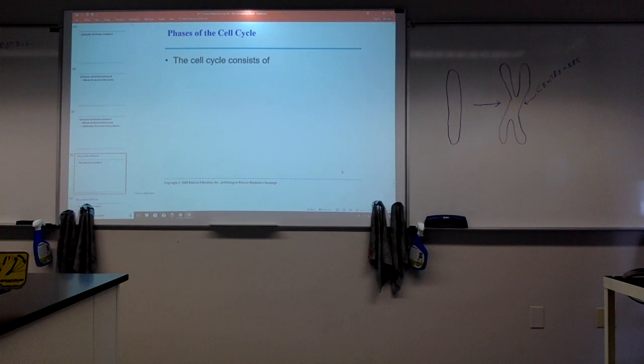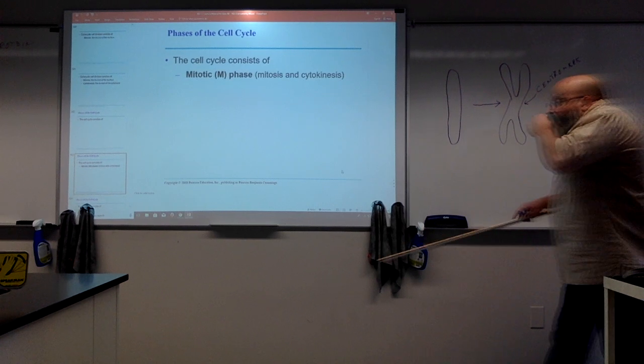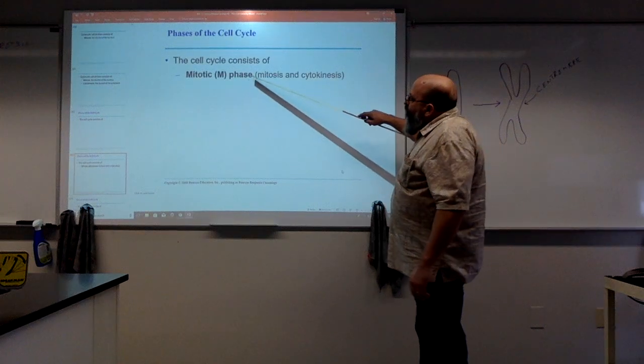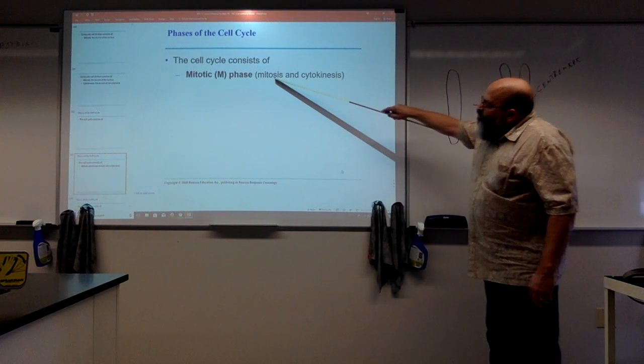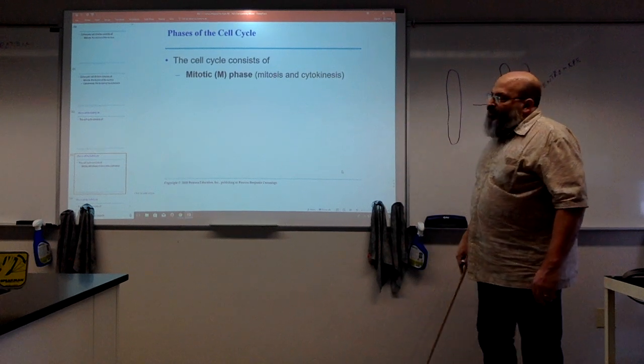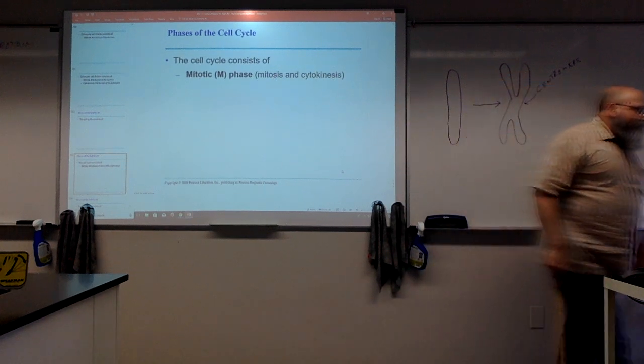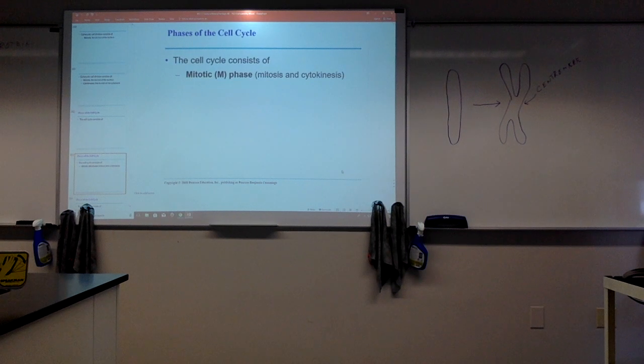Okay? So the cell cycle consists of the M phase, which is the dividing phase, the mitotic phase, which is mitosis and cytokinesis. Okay? And we'll learn all the phases in there.